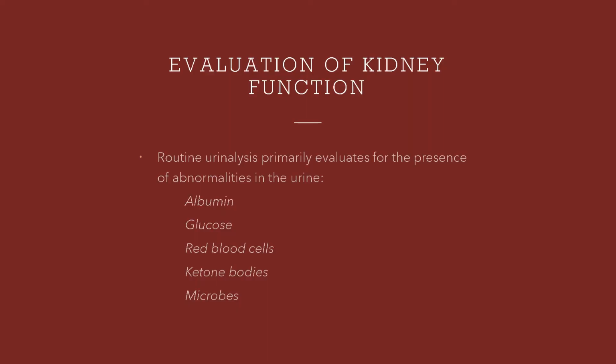Routine assessment of kidney function is going to involve evaluating both the quantity and quality of urine and the levels of wastes in the urine and in the blood. So it's important to check the presence of abnormalities of things like albumin, which is normal in blood plasma in small amounts, glucose, which is normally not in urine at all, red blood cells, again, normally not in urine.